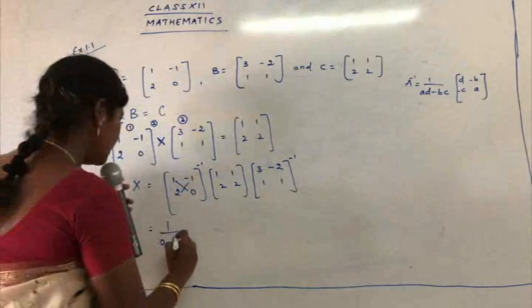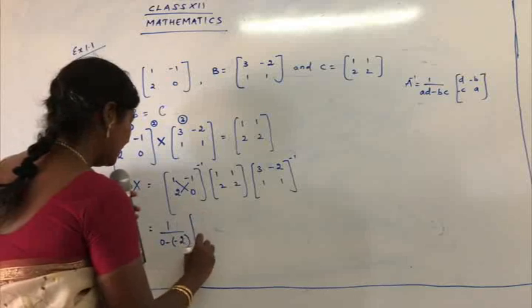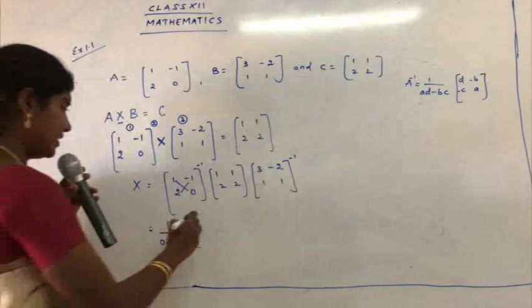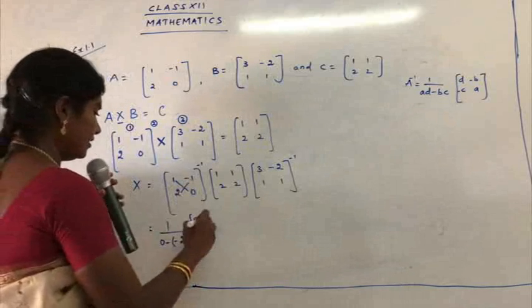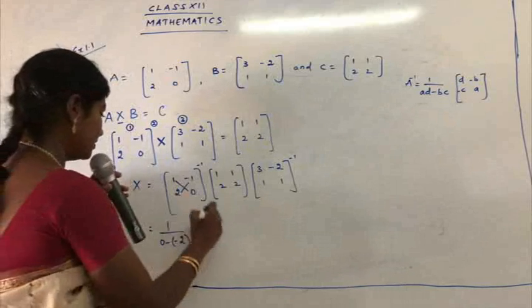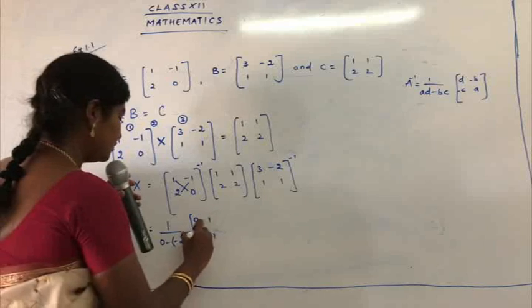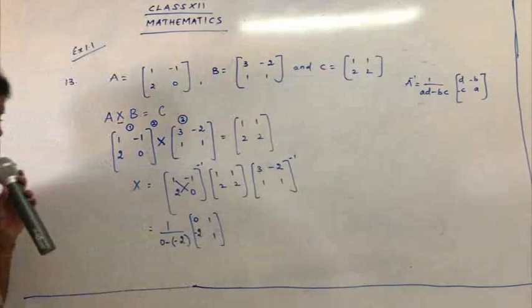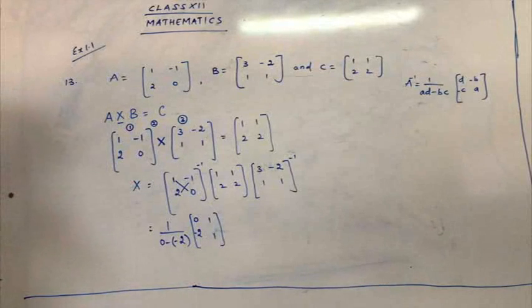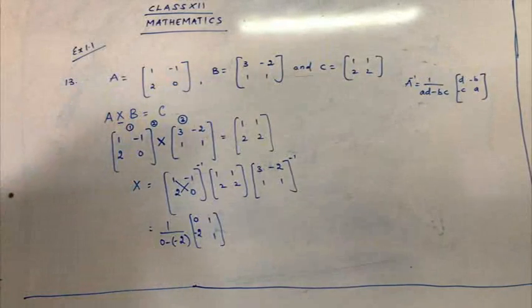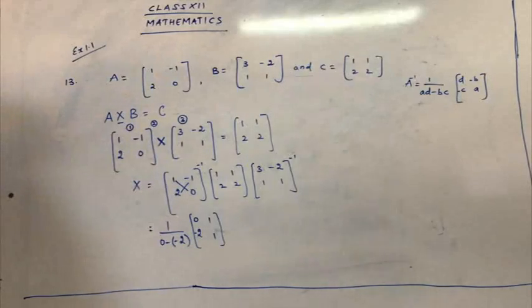So 2 into minus 1 is minus 2. Interchange A and D. I get here 0, 1. Change the sign of the second and the third element. So this becomes minus 2 and the third element becomes 1. So we have got here 1 upon 0 minus 2, 0, 1, minus 2, 1.